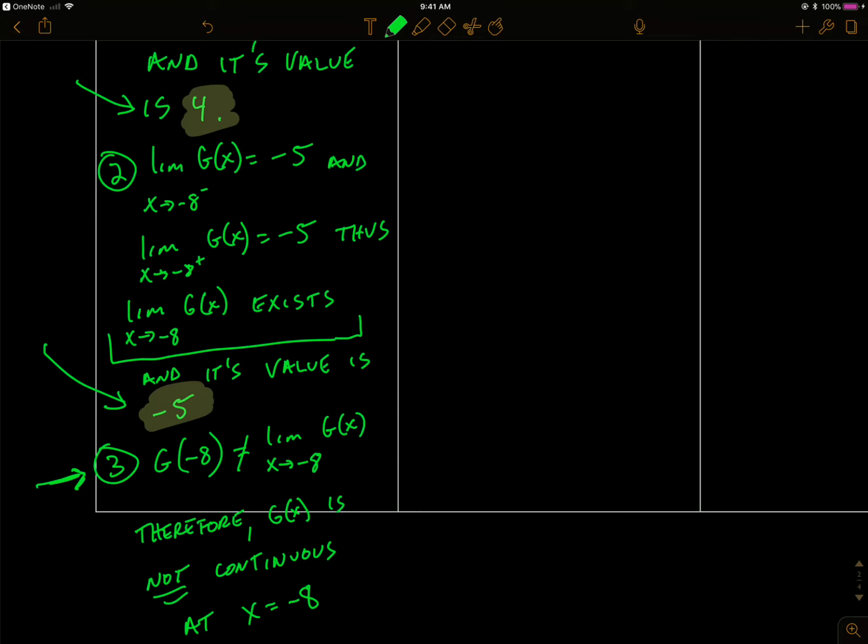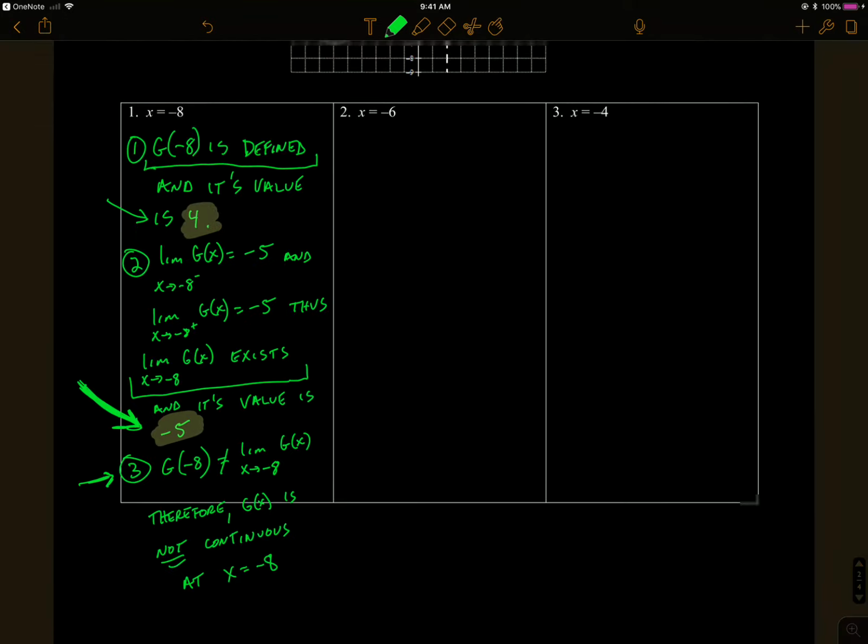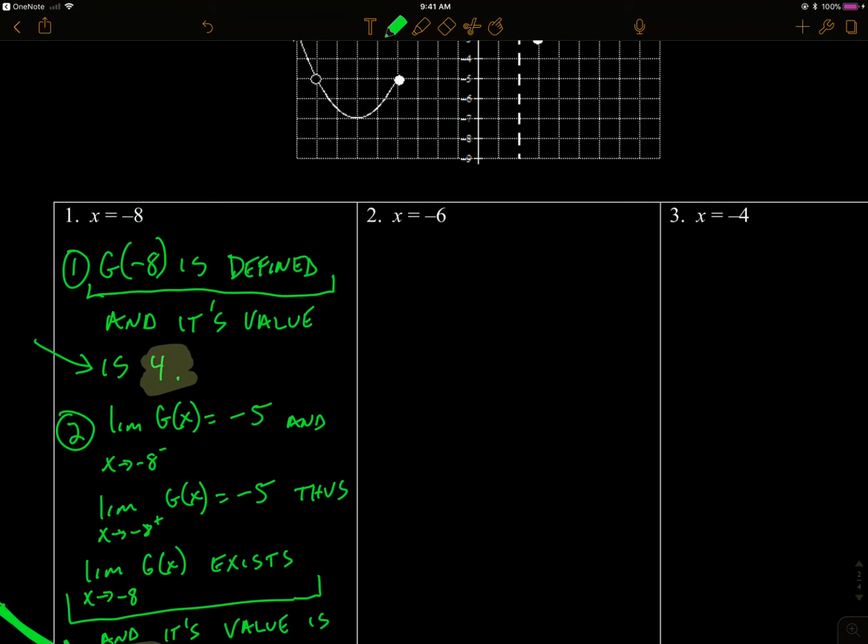As you're tracing, this part right here means you're tracing towards a height of -5. You're headed down towards -5. Then when you get to the x value of -8, you've got to pick up your pen, go define it at 4 because it's not where you were headed, and then go back down to -5 and leave from that height. So you can see how that's the picking up of the pen. It breaks that definition.